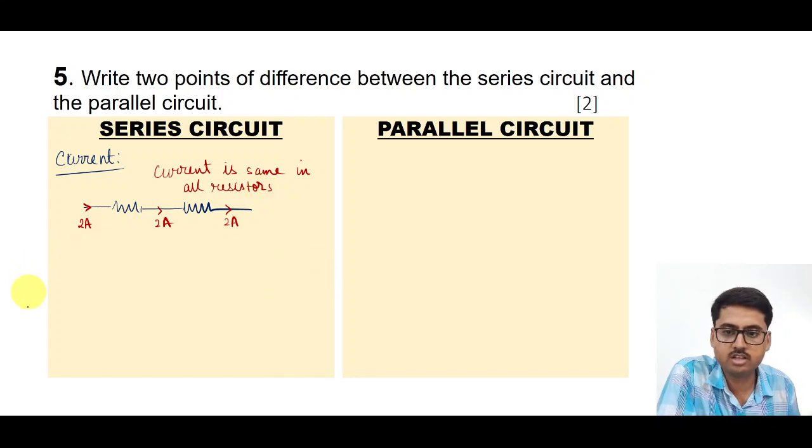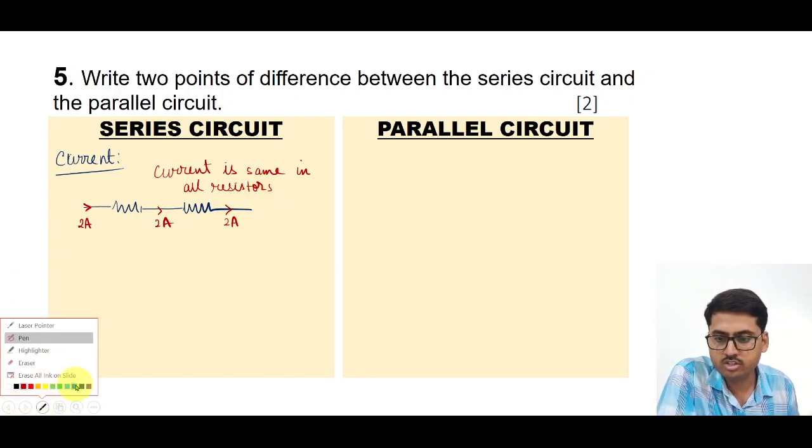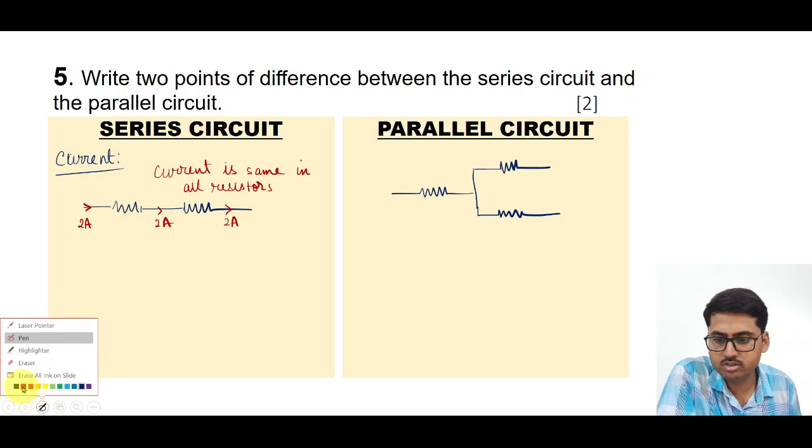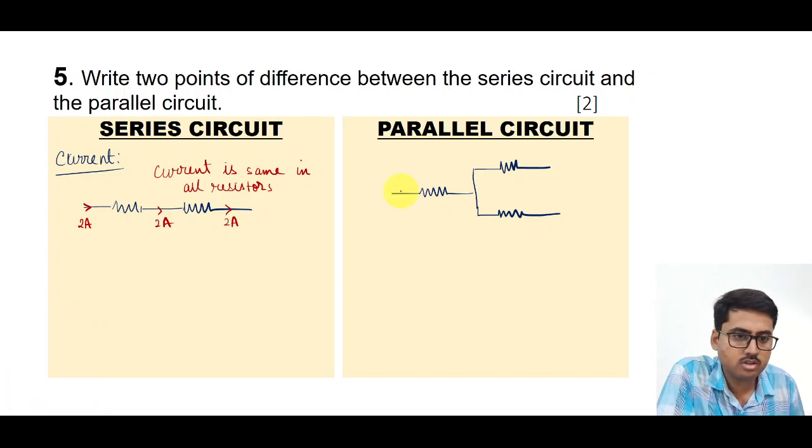Now let us take an example of parallel circuit. So in case of parallel circuit, let's say this is your resistor 1, and again we have further division here. So let's say in this particular diagram, we have got 2 ampere current coming over here, the same 2 ampere current comes up to here, and now there are 2 paths, one goes up and other goes down.